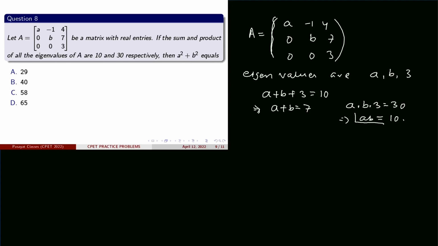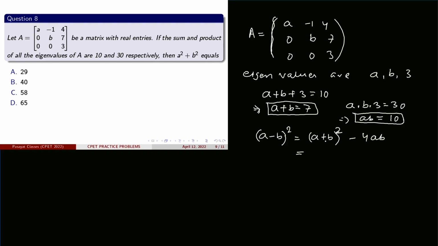So here two equations we can conclude, and we have to find the value of a square plus b square. So we have to find the value of a and b first. That means (a minus b) whole square is equal to (a plus b) whole square minus 4 times ab.